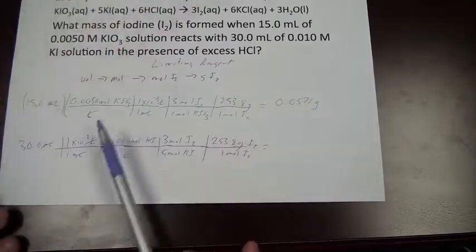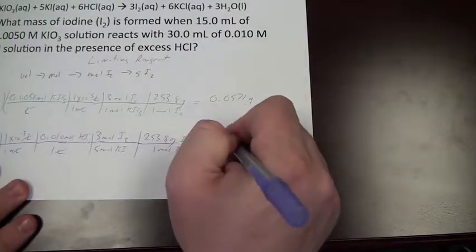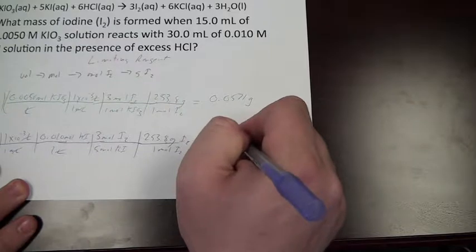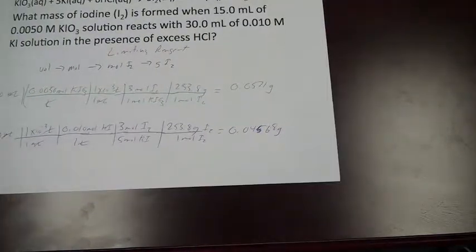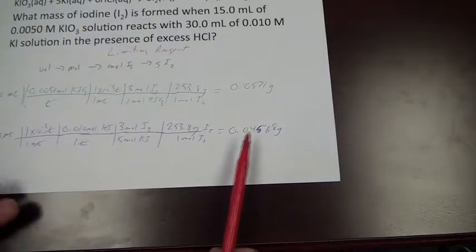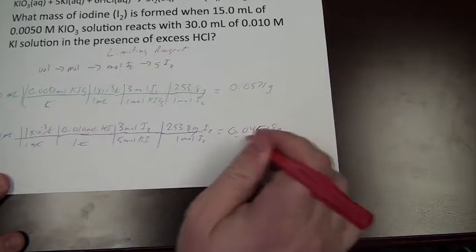Again, if we converted all of this KI to product, we would end up with a mass of 568 grams. But we are going to only use the smallest amount, which is going to be this number. That is the smaller amount.